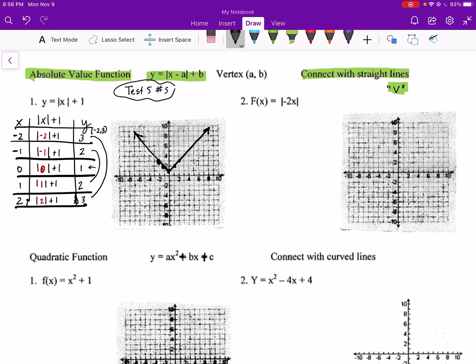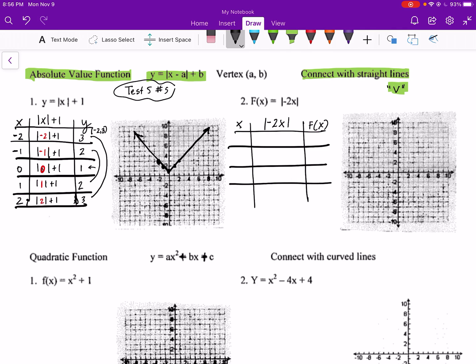It's always a V. All right, so now f of x equals the absolute value of 2x. So again, I'm going to make my 3-column table. My input would be x. My function is the absolute value of 2x. My output this time is f of x based on my equation. So I'm going to test 5 numbers.